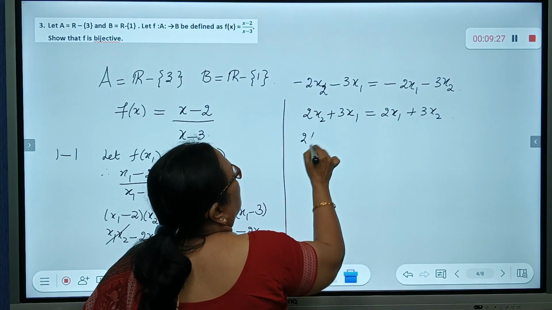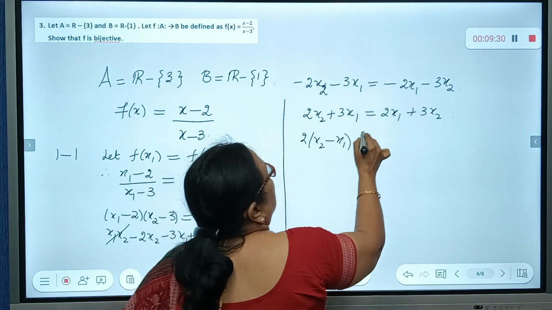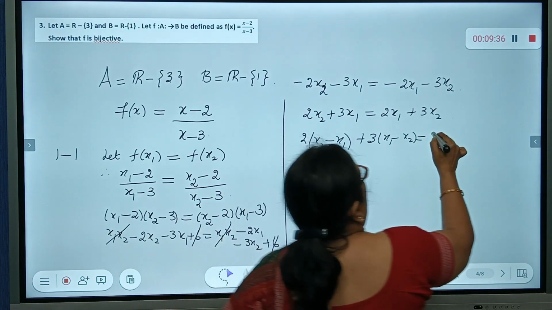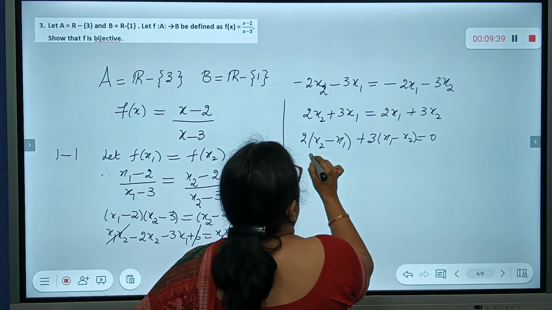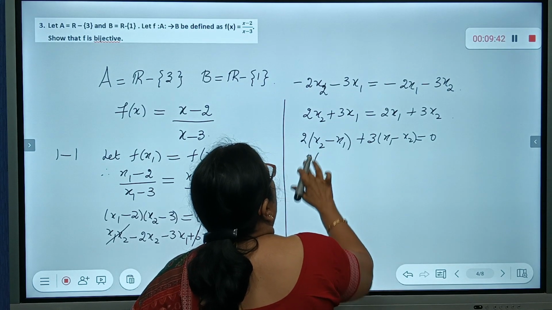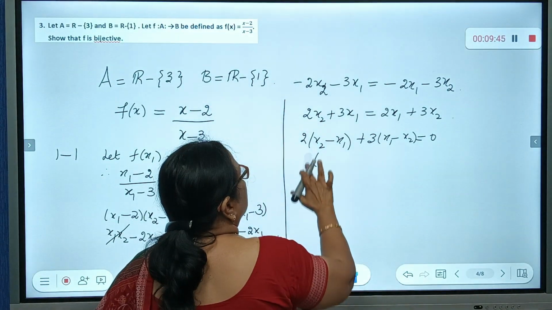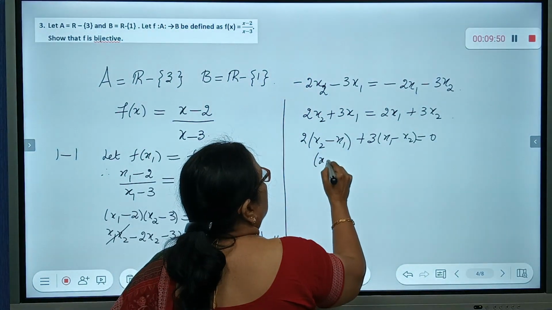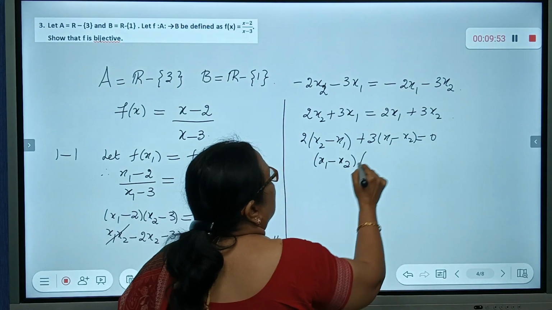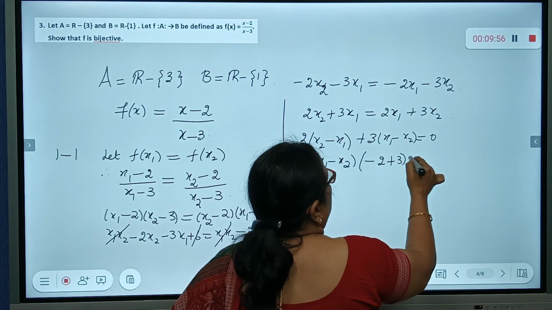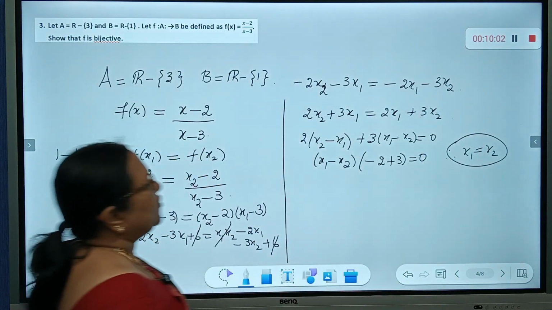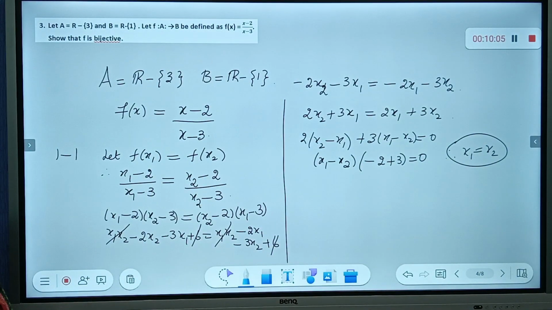So 2 into x2 minus x1 plus 3 into x1 minus x2 equal to 0, or equivalently, I'll just take out x1 minus x2. What will I get? Minus 2 plus 3, which implies x1 equal to x2. So f of x1 equal to f of x2 implies x1 equal to x2. Therefore, f is 1 to 1.